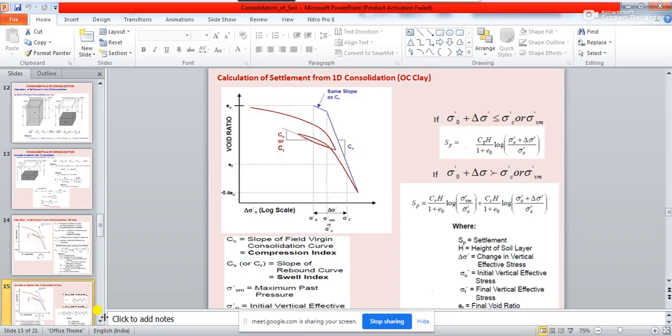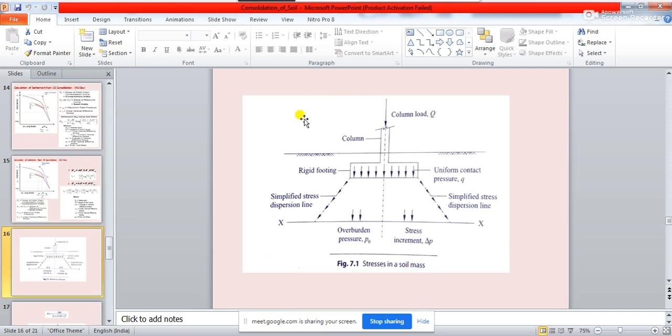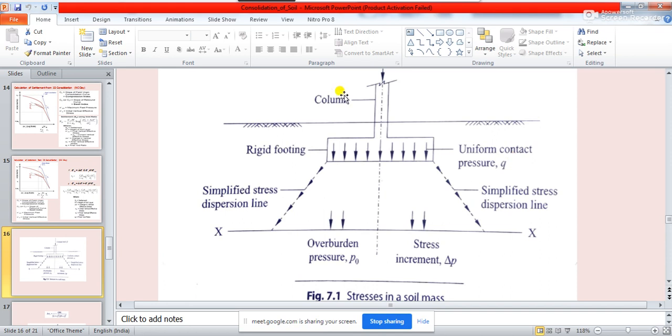If a column is there on a footing and a load is coming onto the column, through the footing the load gets transferred to the soil mass.